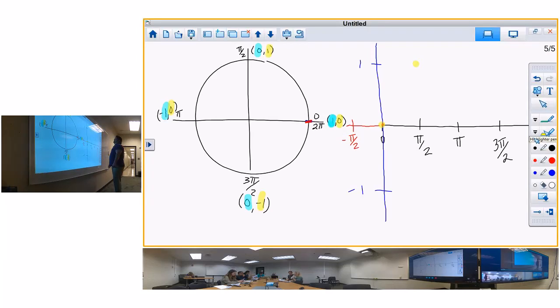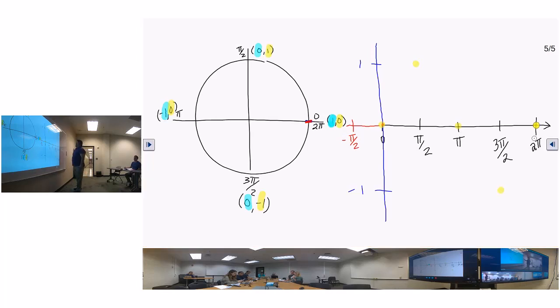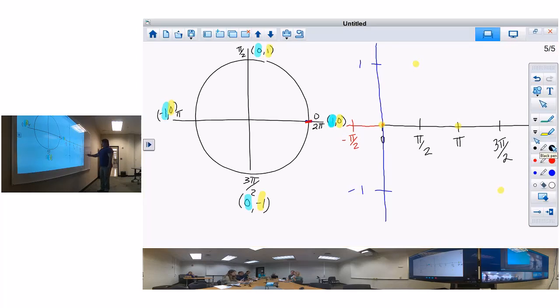All right, what is my sine at pi? 0. And what is my sine at 3 pi over 2? Negative 1. And what is my sine at 2 pi? Now connect those dots.